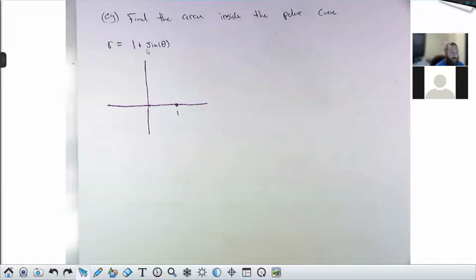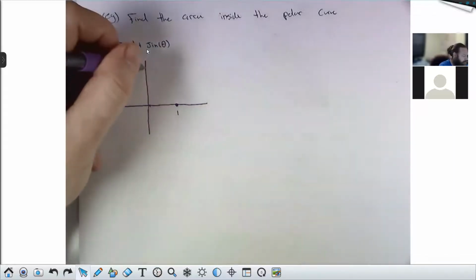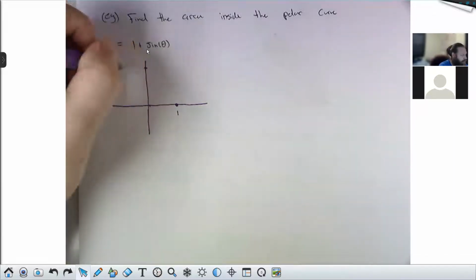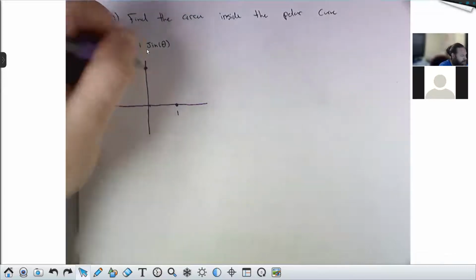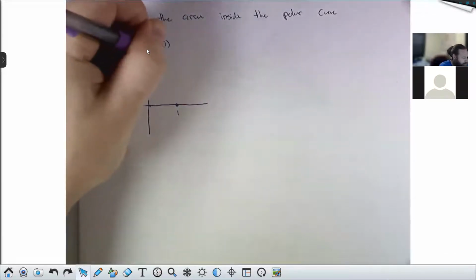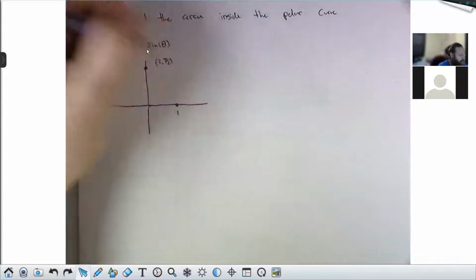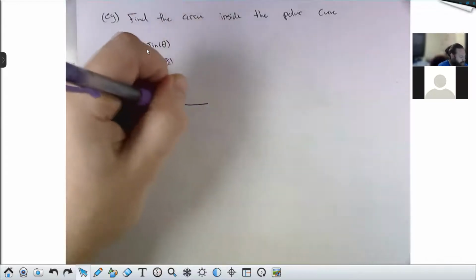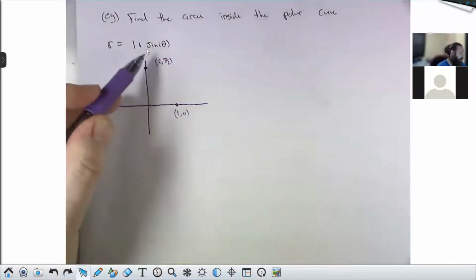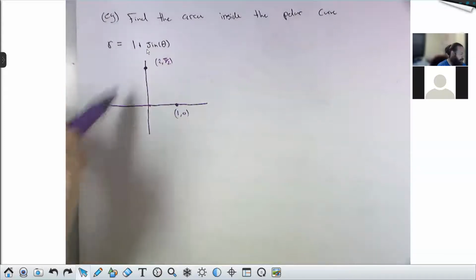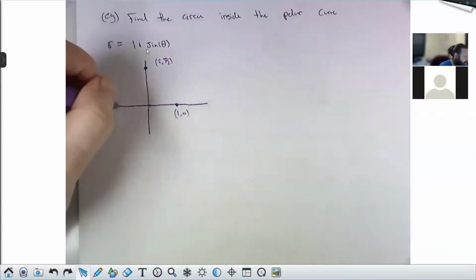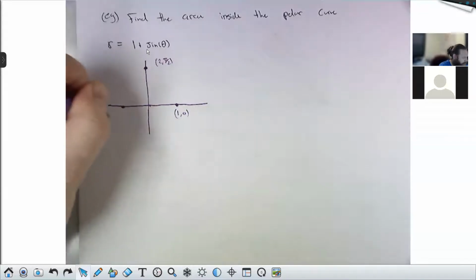Sine of pi over 2 is 1, so that's 1 plus 1. So we're going out to this point, whose polar coordinates would be 2 comma pi over 2. The polar coordinates here are 1 comma 0. When theta is pi, sine of theta is 0 again. So we've got the polar point 1 comma pi.